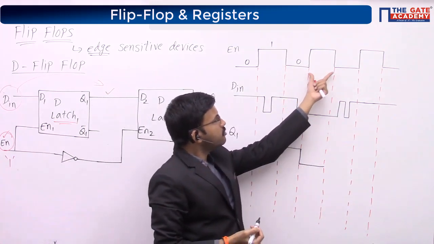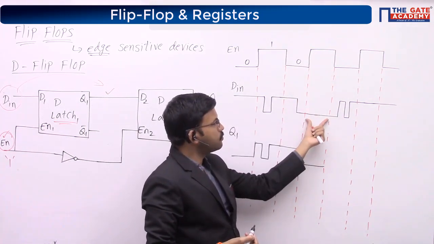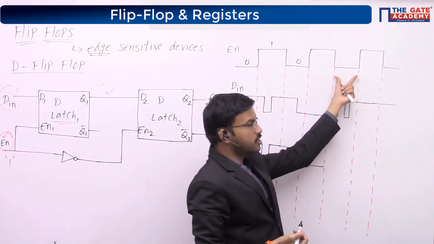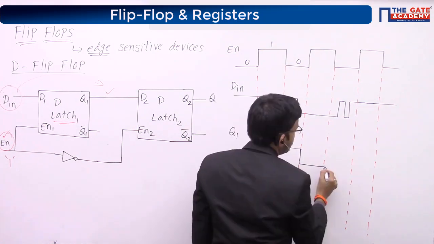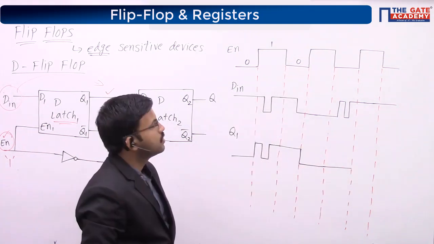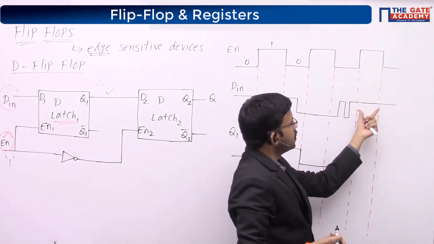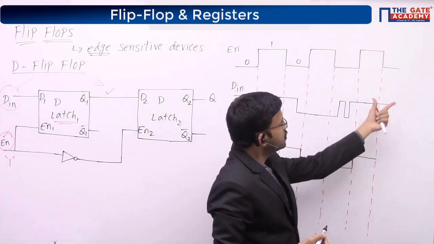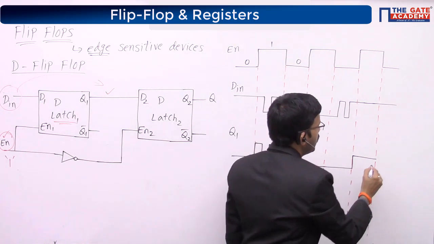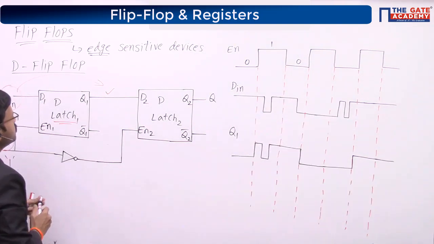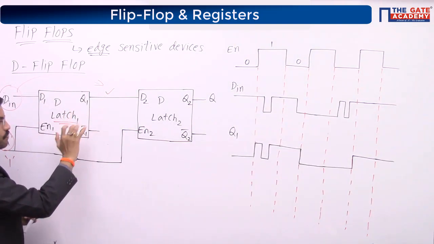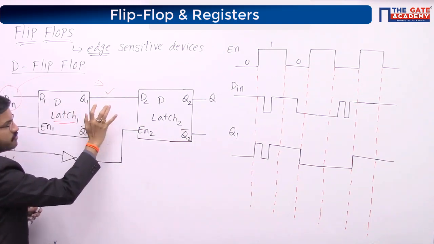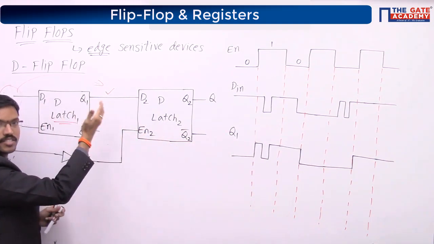Now, enable is 0, it will remain in the same state. Now, enable equal to 1, here D input is 1, so output will be equal to 1. After this, enable is 0, so it will remain in the same state. So with respect to this latch, when we give D input and enable, whatever output waveform we got, that is my next state.